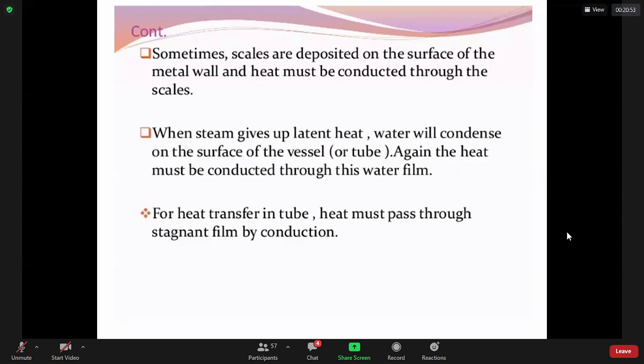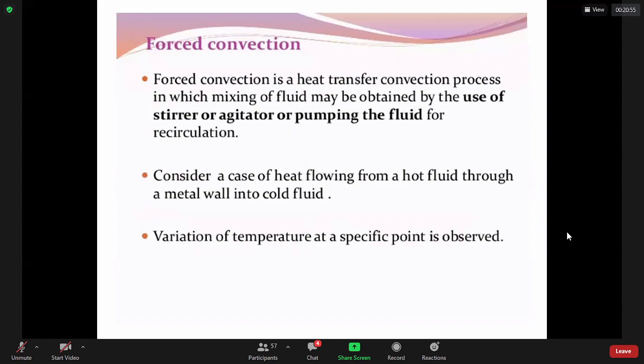So that is the stagnant film we are talking about. Now, forced convection is a heat transfer process in which mixing of the fluid may be obtained by use of a stirrer or agitator, or you can use a pump for recirculation of the fluid.